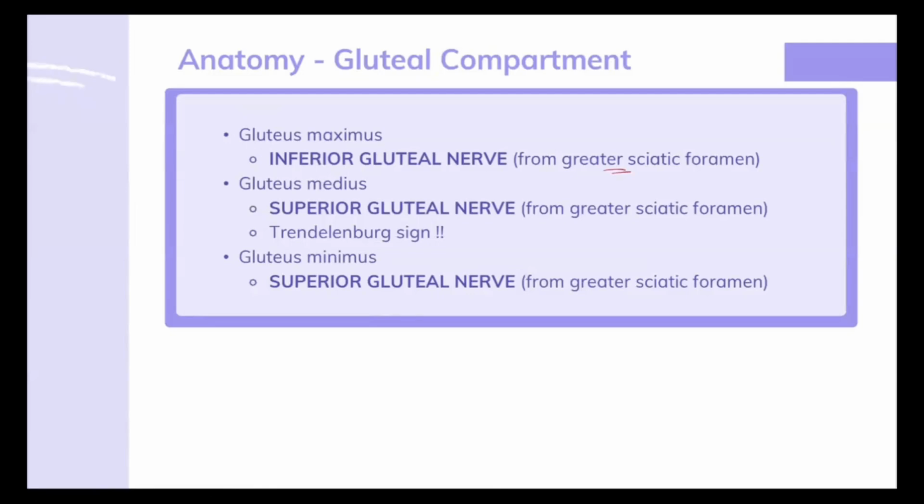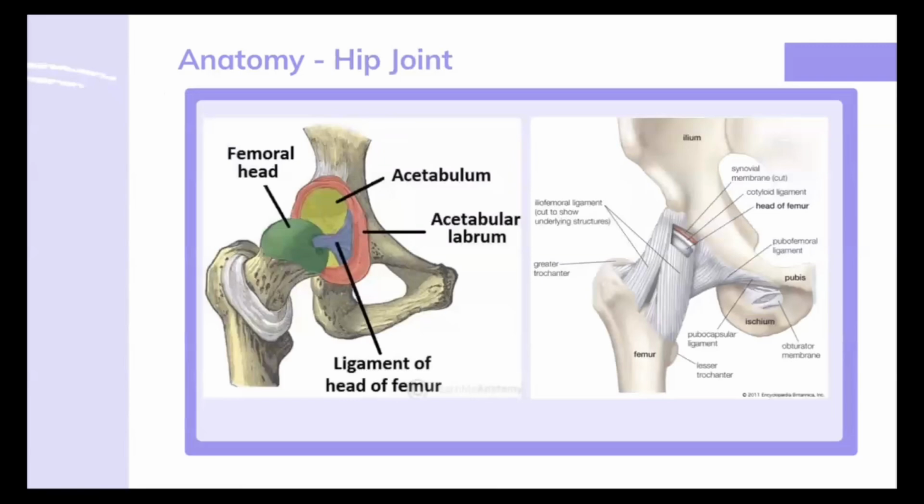Note that for Trendelenburg sign, you would see a superior gluteal nerve injury, which would show problems with gluteus medius, showing a positive Trendelenburg sign, which is a hip drop on the opposite side from the damage. So if the nerve problem is on the right, the hip drop is seen on the left side. That's mostly all you need to know for the gluteal compartment.